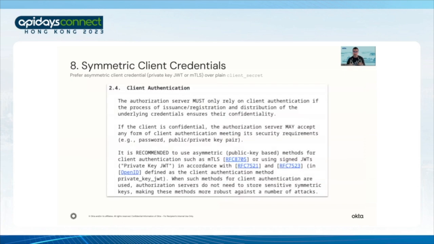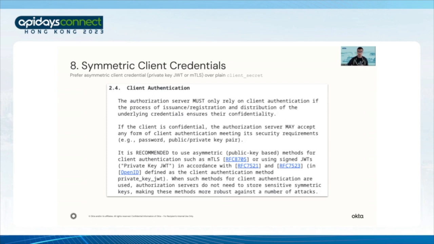The other thing, again in the realm of symmetric versus asymmetric, is the client secret. If your OAuth 2 library or your vendor supports asymmetric client credentials, try to use that as a replacement for plain text client secrets that are symmetric.